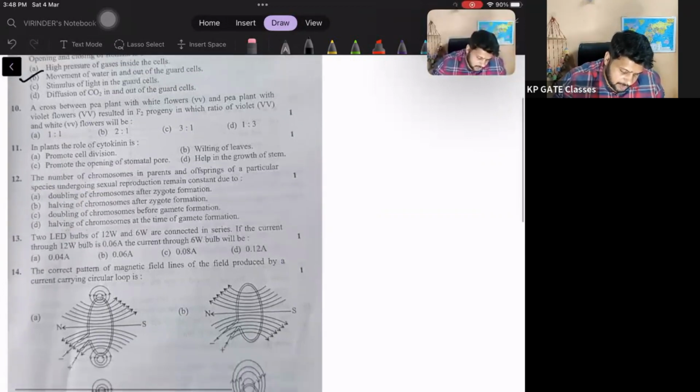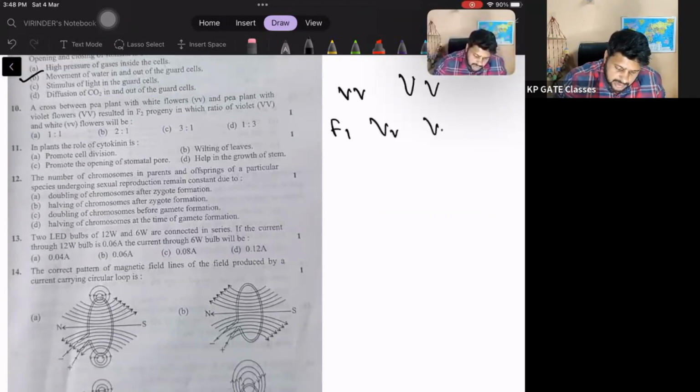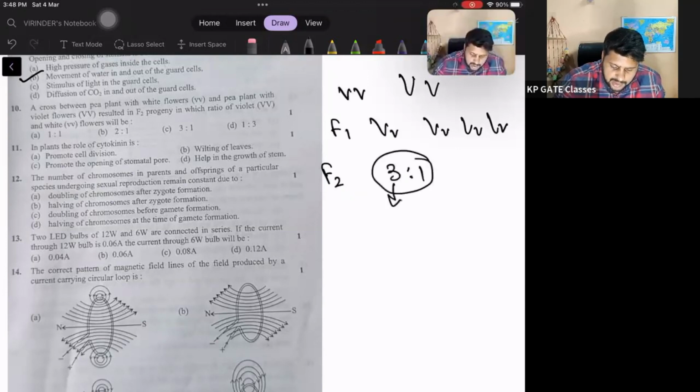A cross between a pea plant with white flowers and a pea plant with violet flowers. So this is like this, BB, small b, then capital B. In the F1 generation, we get all plants like this. In F2, we usually get a 3:1 ratio. So dominant is 3 and recessive is 1.